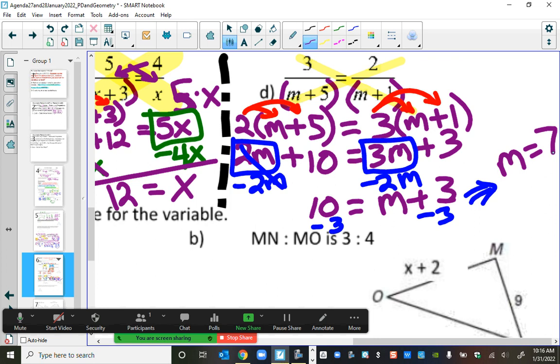So once you get here, then it should be downhill. Now, for a lot of these problems, we're going to have to start labeling, and labeling well. Once we label these problems correctly and you get that set up with your proportion, it should be easy peasy the rest of the way. It's a matter of getting that proportion set up. Once you have it, you follow the steps, cross multiplication, solve for your variable, and you should be set.